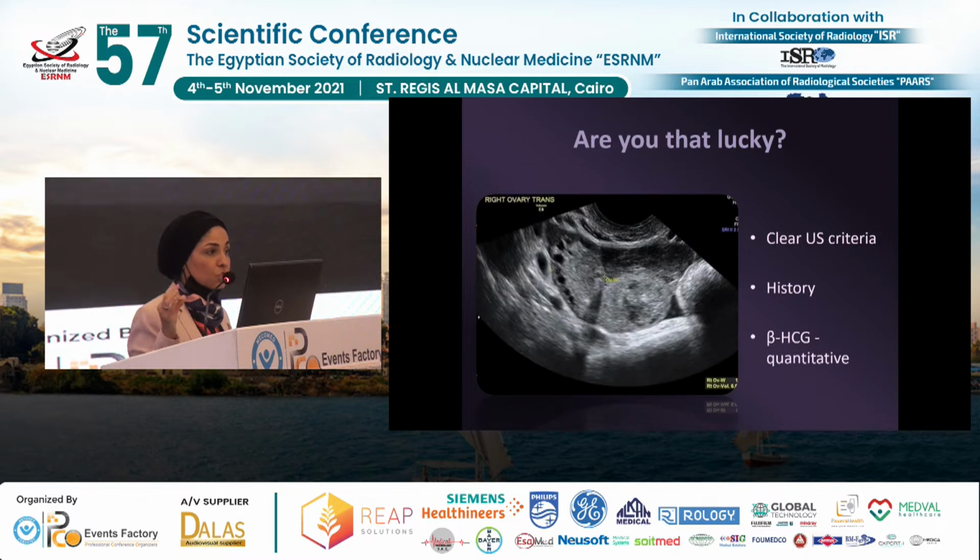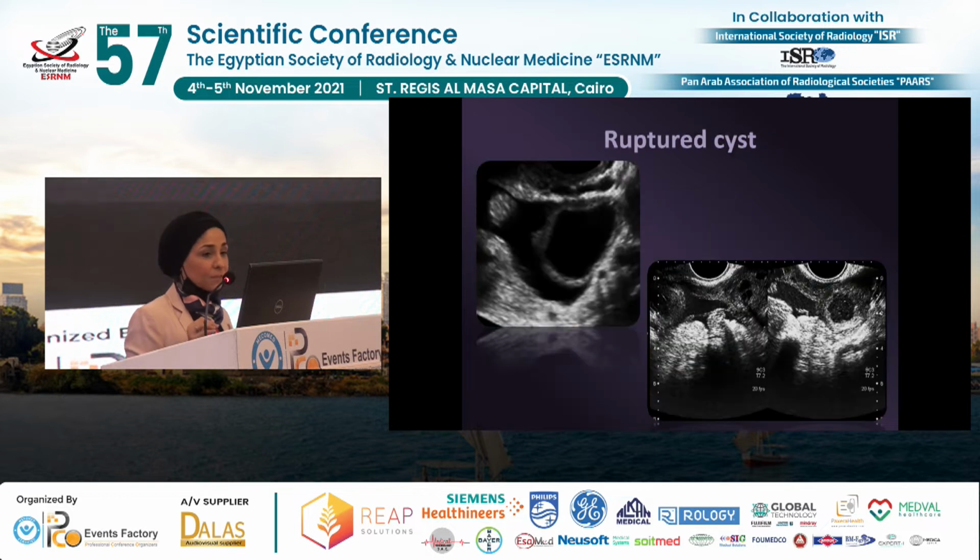And what's crucial is that you find it in what we call a para-ovarian location, because most of the ectopic pregnancies are tubal. And as you can see here, you cannot identify the fetal pole. It looks the same as a hemorrhagic cyst. Your clue here would be that it is para-ovarian, and ask for a beta-hCG, and not for urine, because it's notorious for being false negative. Ask for a quantitative blood serum beta-hCG.